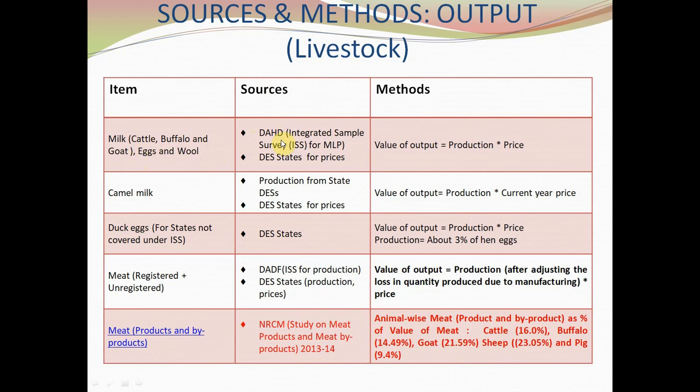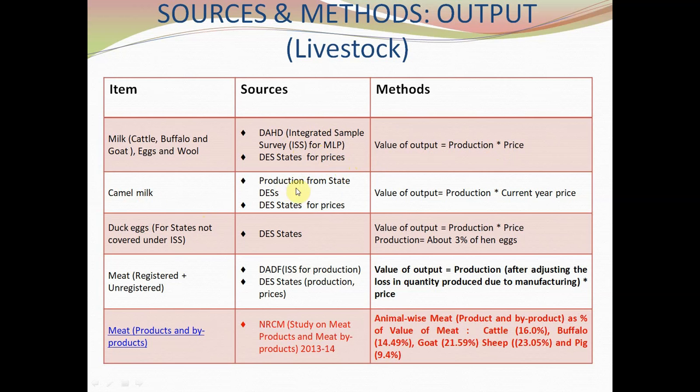For these, the source is DADF, Department of Animal Husbandry and Dairying in the Ministry of Fisheries, Animal Husbandry and Dairying. We are using the integrated sample survey for major livestock products, and DES states are providing the prices. Value of output is calculated by the same method, which is production into prices.